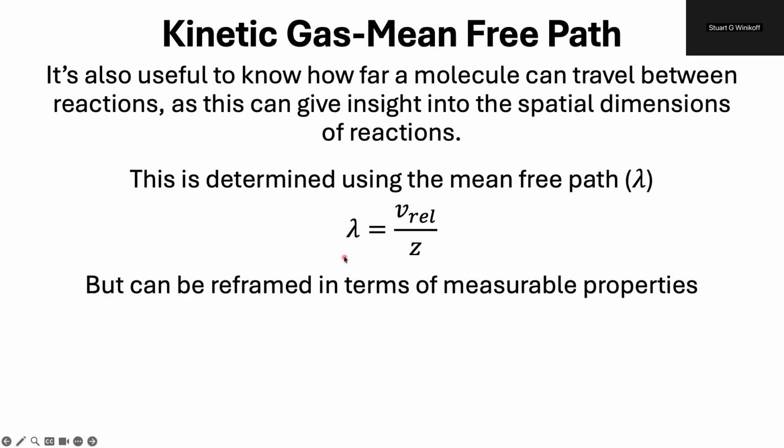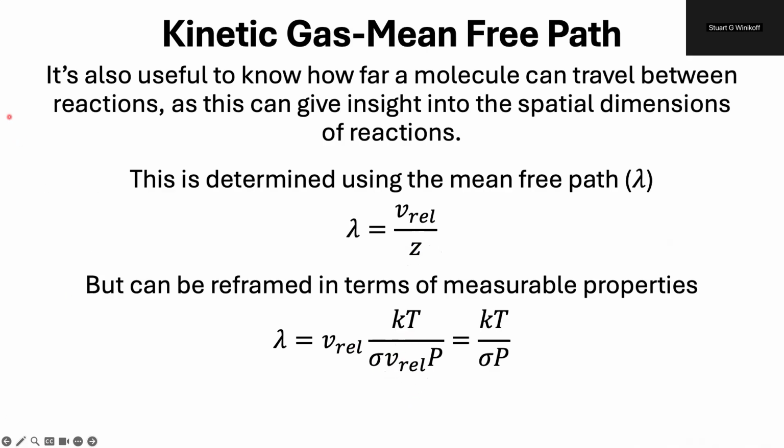Now, we can reframe this in terms of measurable properties, because again, none of these are directly measurable. So here we have our relative velocity, and then we can plug in our equation for z. Now, at this point, remember that the frequency of collisions includes the relative velocity itself.